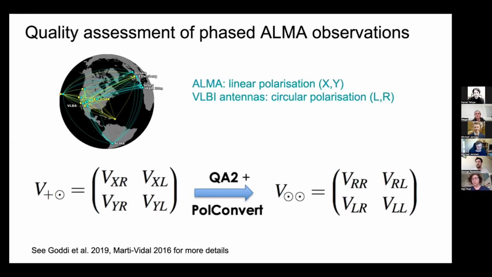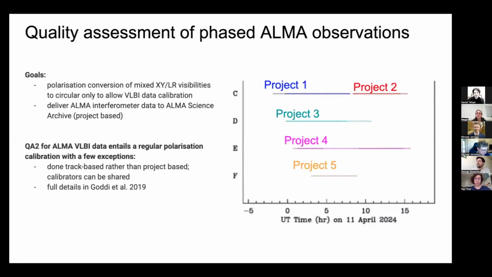So what you would want is to have visibilities in a single polarization basis, namely the circular polarization basis, as you see on the right. To get there, we use a program called PolConvert. And PolConvert needs the full polarization calibration tables of the phased ALMA data to do this conversion. So that is the main point of the quality assessment of phased ALMA data.